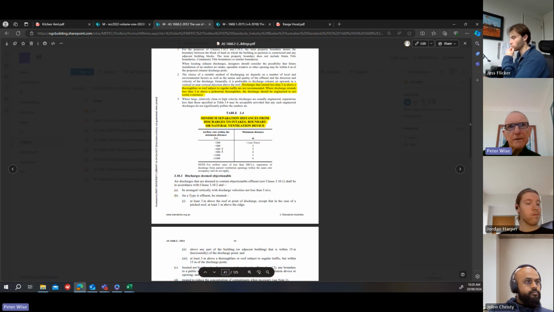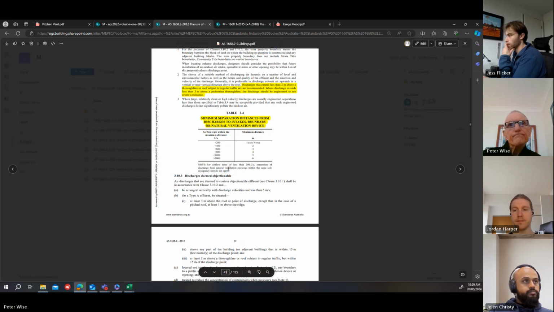Are you familiar with that table? Yep. Well, it's another one that's important, and you'll refer to this again and again. So if it's less than 200, you can have them as close as a metre apart. Particularly applies with apartments and small buildings.